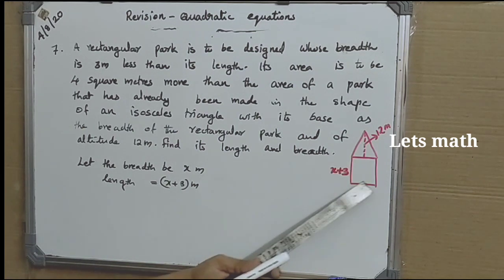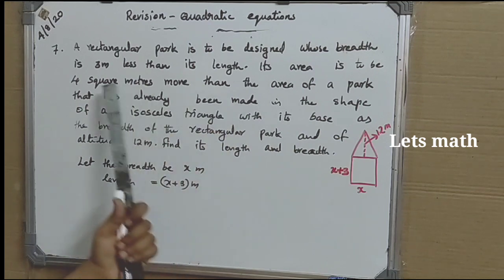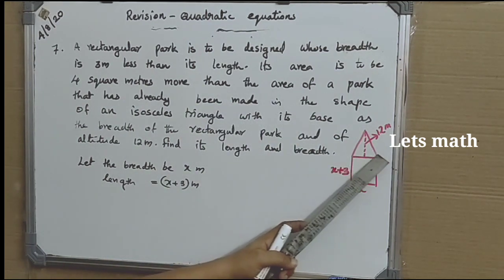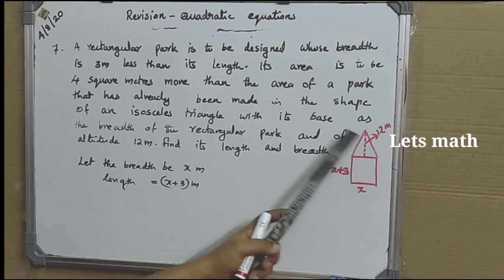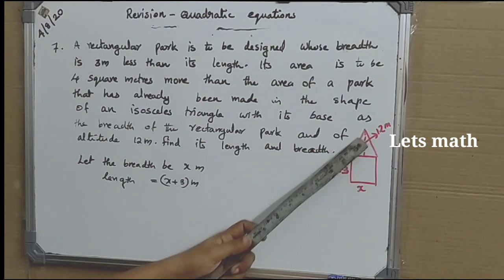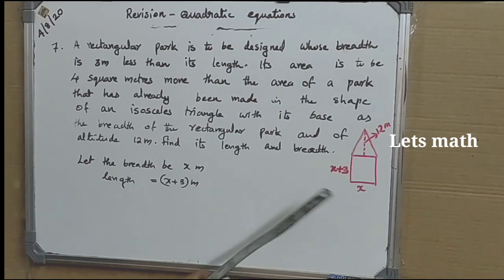So the area of the rectangular park is 4 square meter more than the area of the isosceles triangle with base as x.